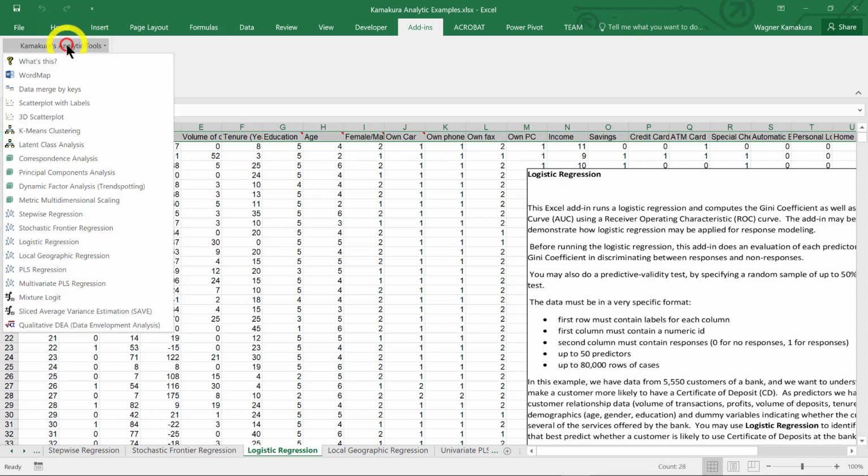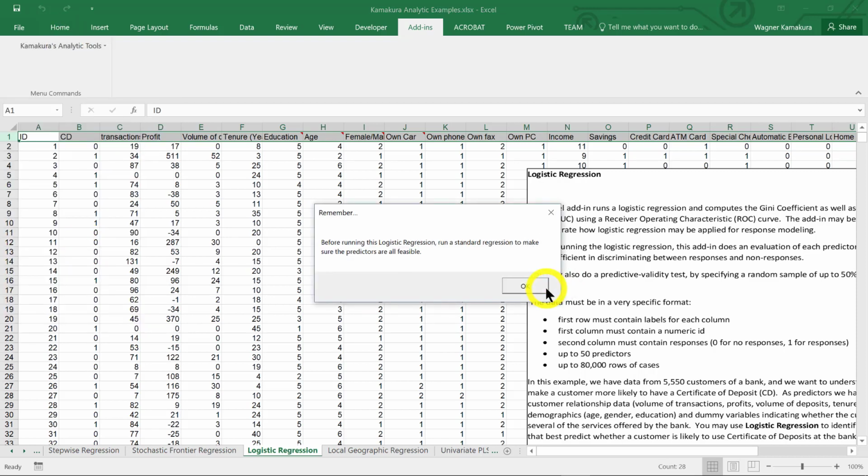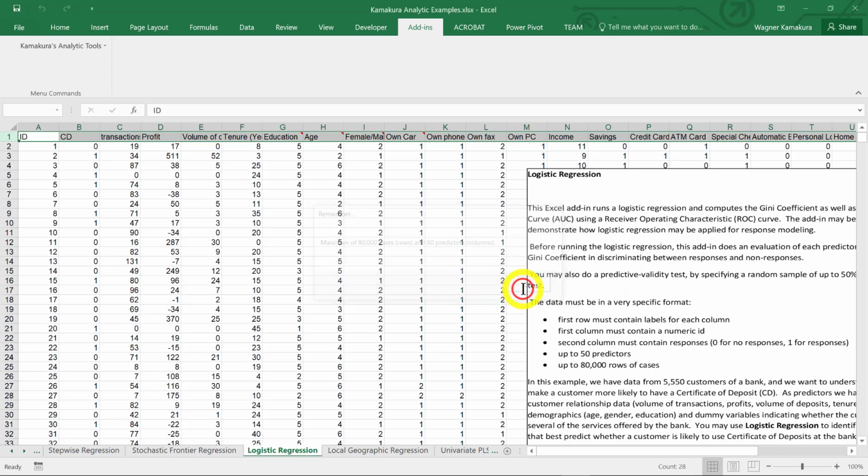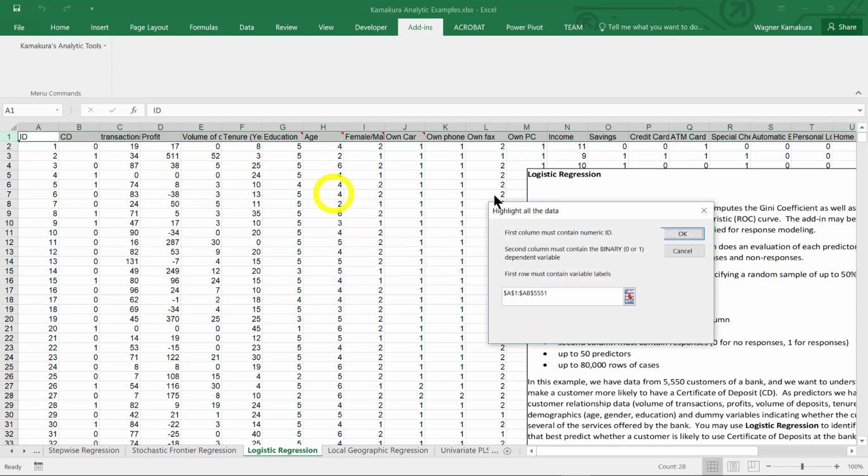You go to Analytic Tools, Logistic Regression. You can do the analysis for up to 80,000 rows and up to 60 predictors. The data is automatically highlighted, but if it's not, you just highlight the range that you want to analyze.